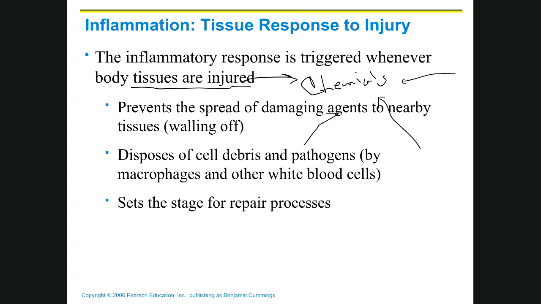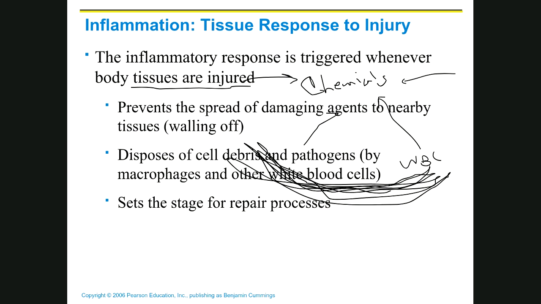Once they get there, those white blood cells are going to be walled off. We're going to build a wall around the injury with the white blood cells on the inside. And then we're going to try to kill or remove or destroy whatever's causing the problem. And then finally, we're going to help repair.